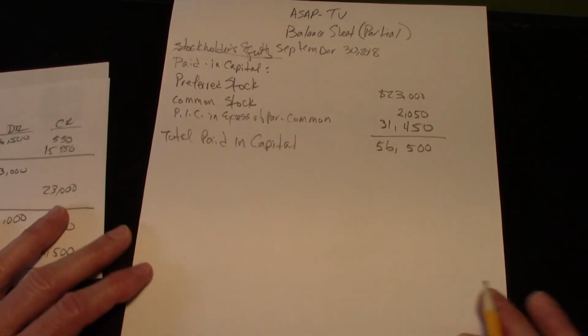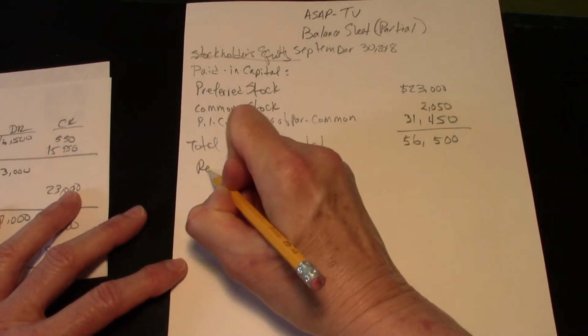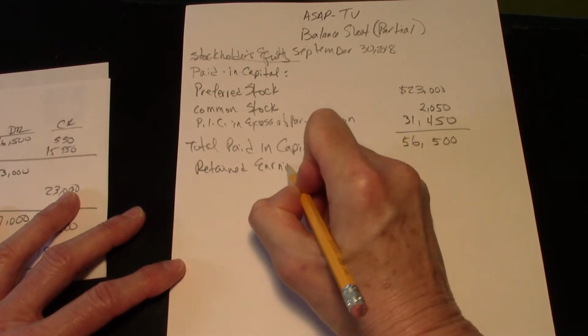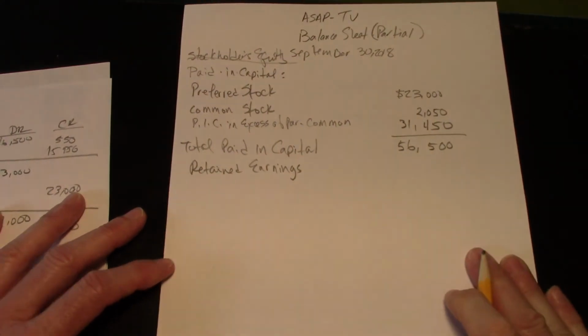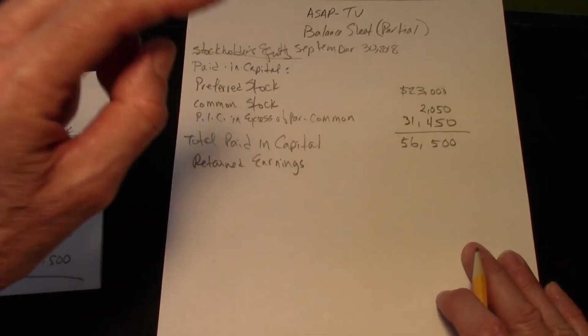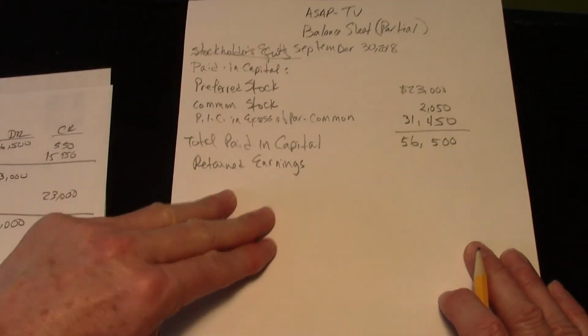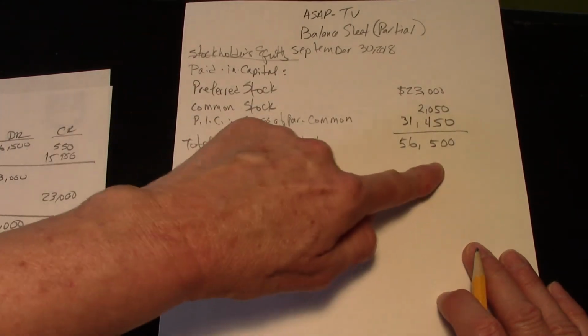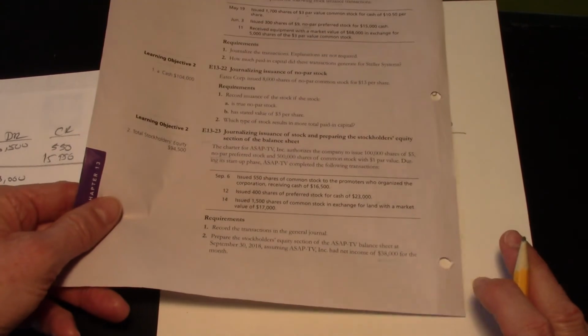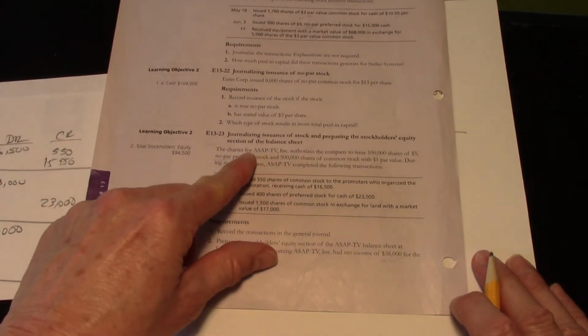Next comes retained earnings. As you know, on the retained earnings statement, we calculate this, right? We go old retained earnings plus net income minus dividends equals my retained earnings. Well, in this case, this is brand new.